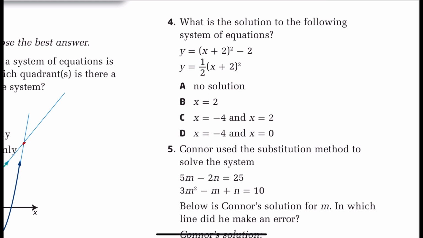The first one is a parabola. You just graph both of them and get your answer directly from your calculator. We don't need to do that. It's very, very straightforward.